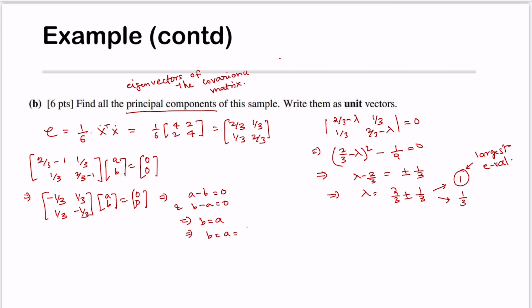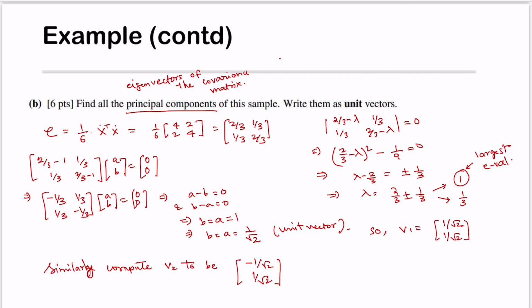But to normalize it, we need to divide by the norm, so we'll get 1 by root 2 because we want to make it a unit vector. Similarly, this can also be performed for the second eigenvalue 1 by 3. So ultimately we get v1 as (1 by root 2, 1 by root 2) and v2 as (1 by root 2, minus 1 by root 2).